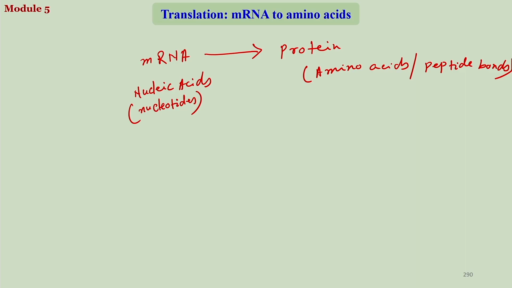So, this process is all about converting the language that is encoded or encrypted in the form of nucleic acids to the form of amino acids or peptides. That is why this process is called translation.